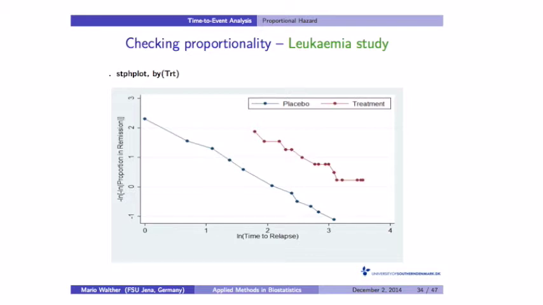It's also parallel. Yeah? And here you would say, okay, the curves have a parallel curve, and so the proportional hazard assumption is fulfilled. But by the logarithm of the time axis, you almost get such a linear trend.